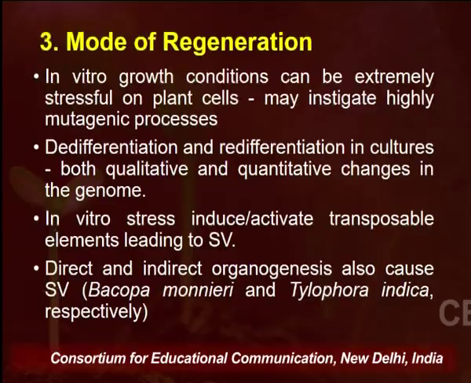in the upcoming generation. When we grow the plant under in vitro conditions, a lot of dedifferentiation and redifferentiation occurs in the culture, because we take an explant material and place it on a suitable media that leads to the development of callus, which is a dedifferentiated phase. This dedifferentiated phase is then separated from that media and placed on another suitable media, where redifferentiation of that undifferentiated mass of cells occurs and organogenesis then occurs to regenerate the plant.